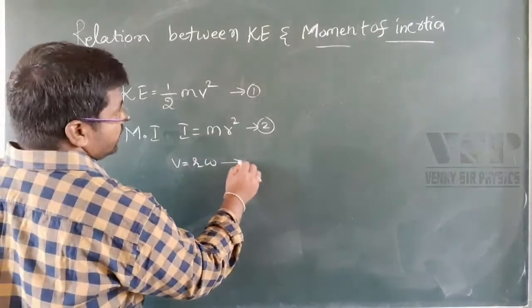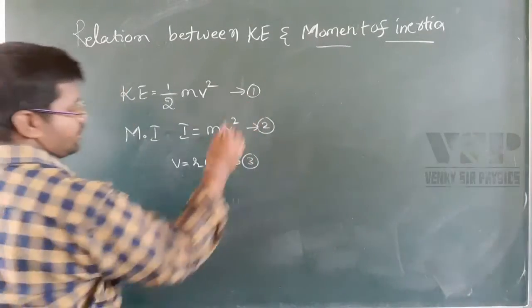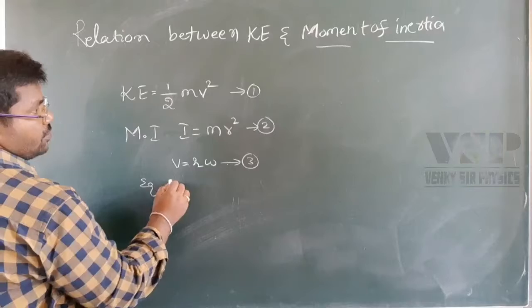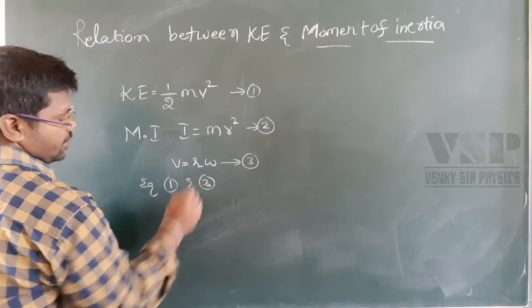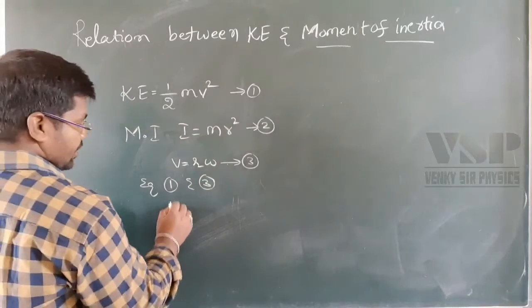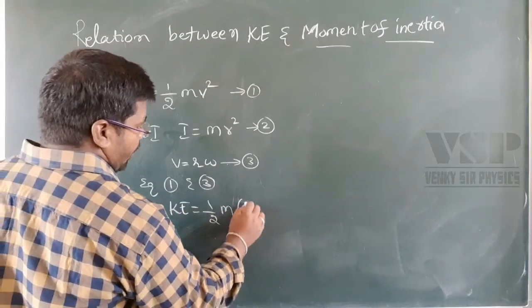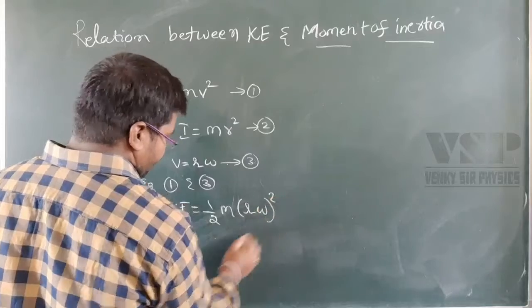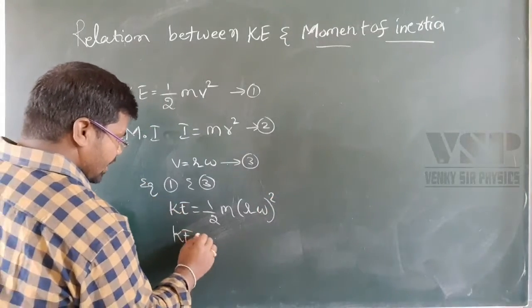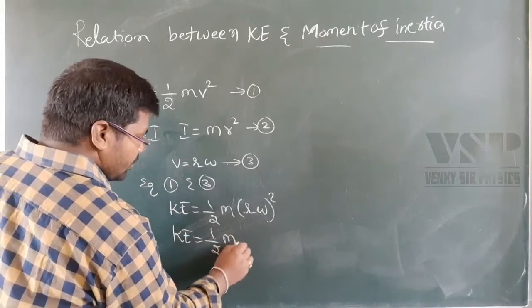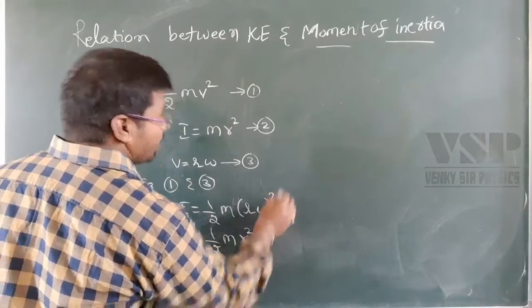We can substitute equation 3 in equation 1. Then kinetic energy is equal to 1 by 2 m into r omega whole square. So kinetic energy K is equal to 1 by 2 m r square omega square.